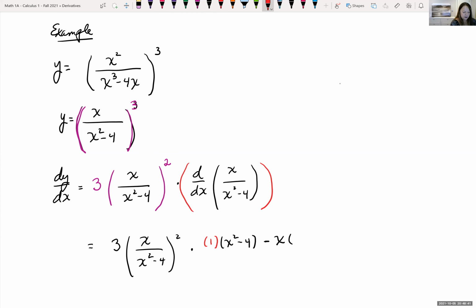The derivative of x squared minus 4 is 2x. All over this denominator, x squared minus 4, quantity squared.